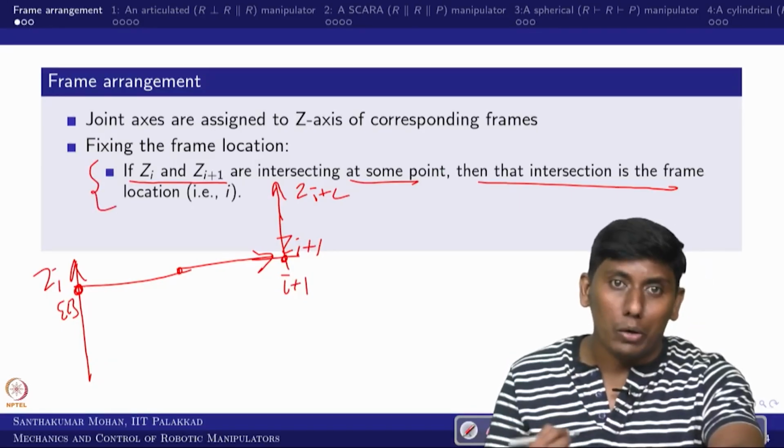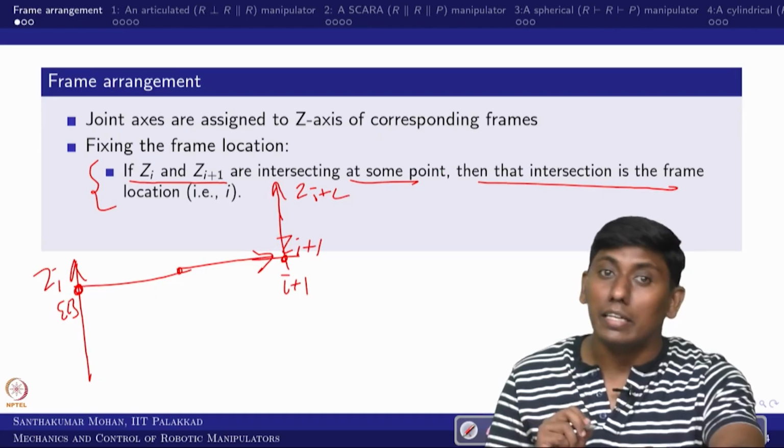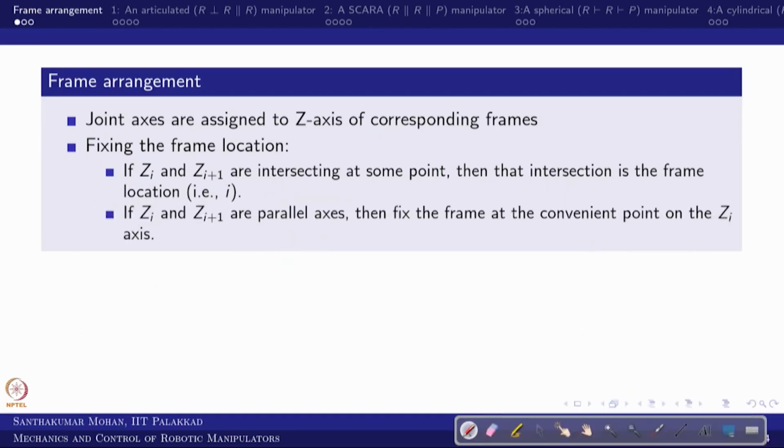If the two are neither intersecting nor parallel, or if they are simply parallel, how can we fix the frame? We need to go to other cases. If they are neither intersecting nor parallel, then we have to use virtual frames. However, if they are parallel, then the frame can be fixed at a convenient location, at a convenient point on the zi axis.